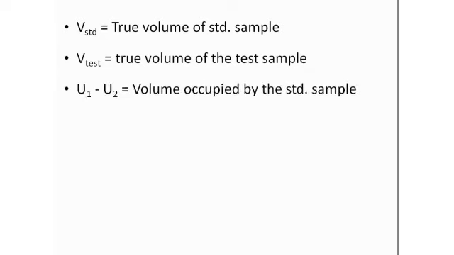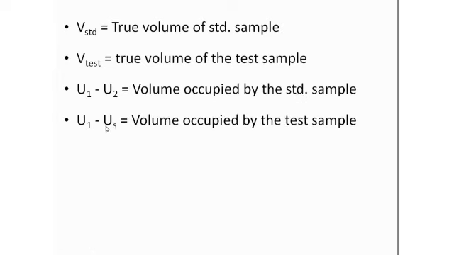So U2 minus U1: U1 was the reading for the empty one, and U2 after putting the sphere of stainless steel. So U2 minus U1 is the volume occupied by the standard sample. Clear? Then U1 minus US is the volume occupied by the test sample, right?